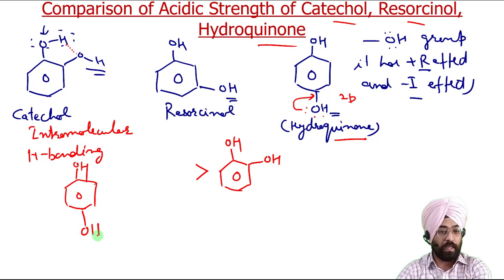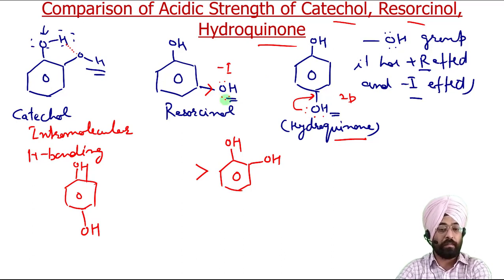Now let us see resorcinol. Here the OH group is present at the meta position. It has a minus I effect, but its plus R effect is not there because at the meta position it cannot participate in resonance. This we have seen when we discussed the resonating structures of the nitro group. When it was at the meta position, it did not participate in the resonance. I have kept the link of that lecture in the description section, so you can watch that lecture again.